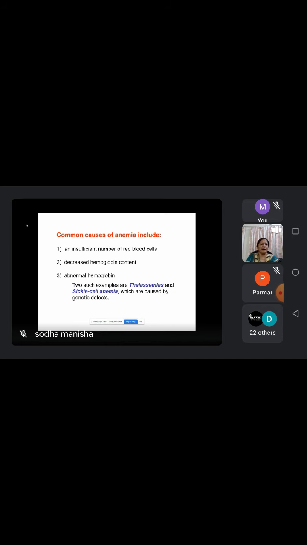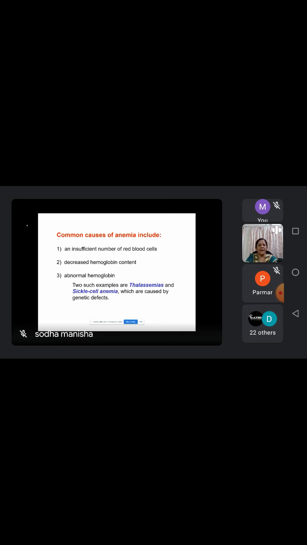Now, this type of anemia results due to the deficiency of iron in our diet. That is why it is also known as iron deficiency anemia. A person suffering from this type of anemia is advised to take more green leafy vegetables, which are a good source of iron. Or, if required, the physician can prescribe preparations containing iron, like ferrous fumarate.